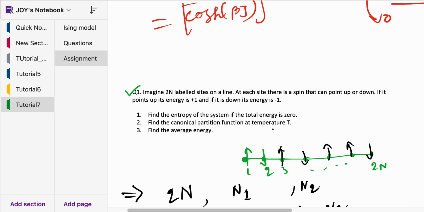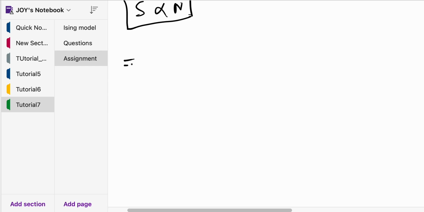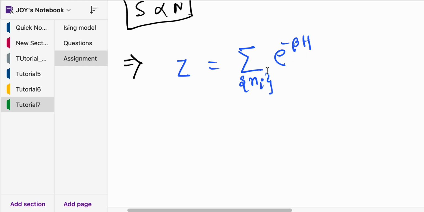Find the canonical partition function at temperature T. Right, let's find that. What is the canonical partition function? We know that the canonical partition function Z is equal to the sum over possible combinations of the particles of e to the power minus beta times the total energy.